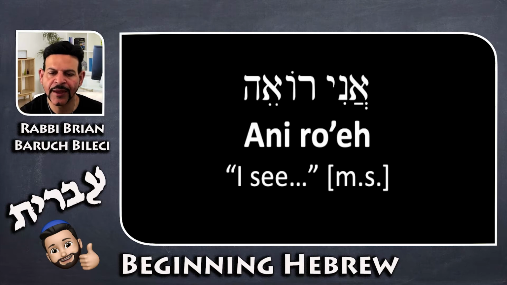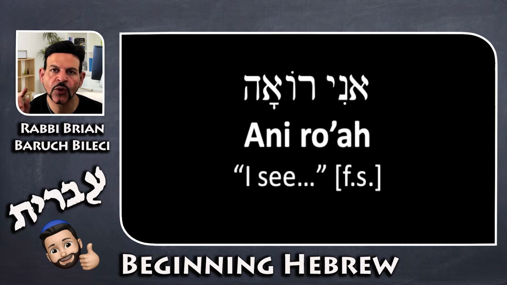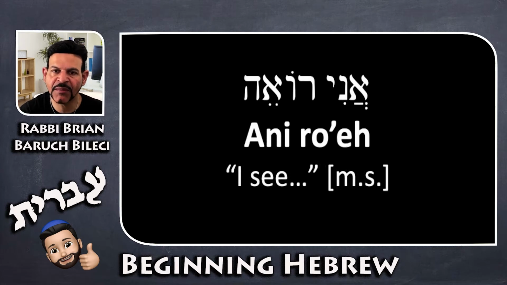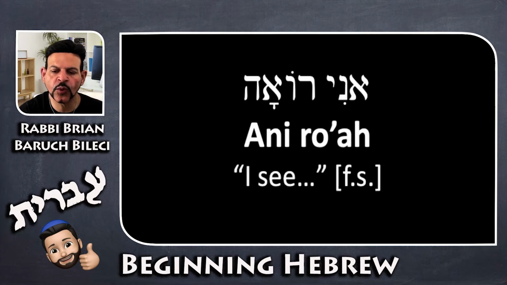Ani ro'eh. This is masculine and this is singular. Ro'eh. The moment we change to feminine, the vowel at the end changes to ro'ah. Ro'ah. So ani ro'eh is a man saying I see. The feminine singular would mean that a woman says I see.